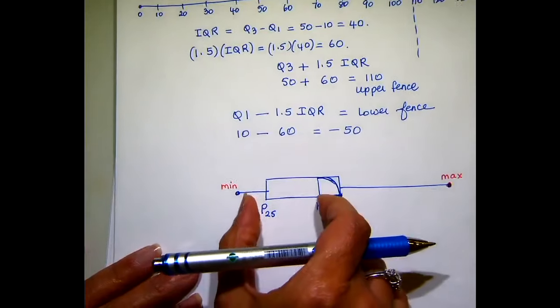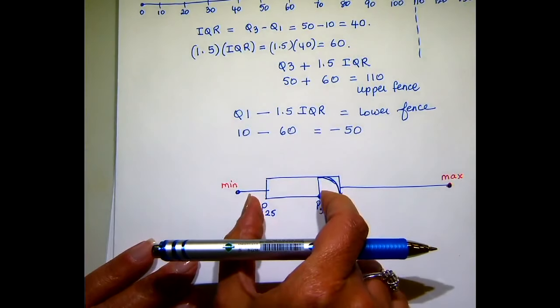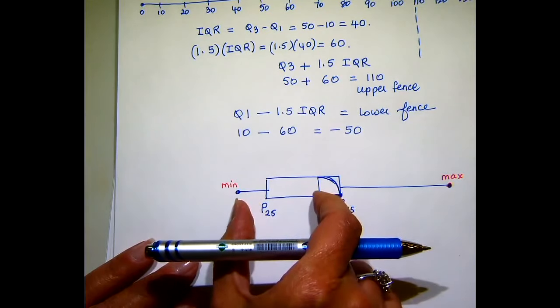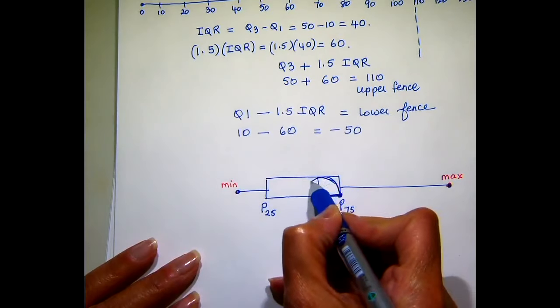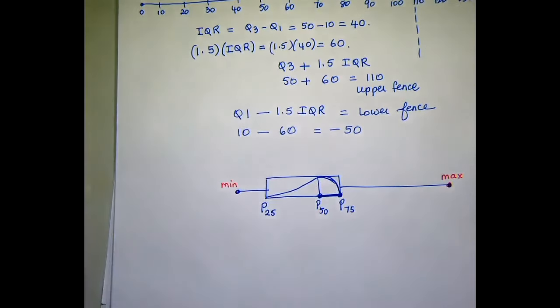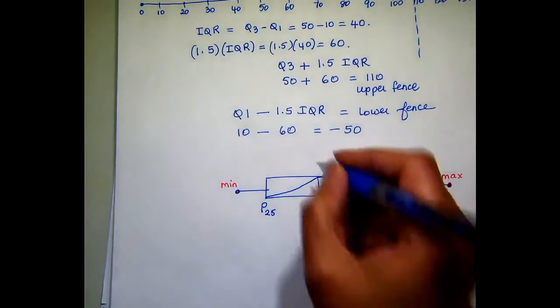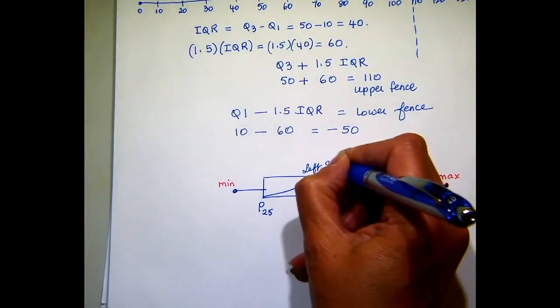So I still have 25% of the data set, but a whole lot of room for it. So the way the curve is going to be, I have a big distance to hold that, so the height of the curve will be less. So just look at it. Does it not look left skewed? Left skew.